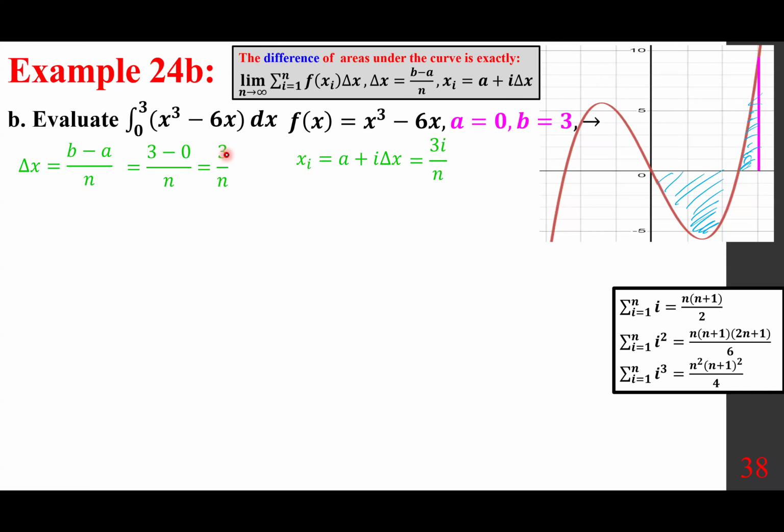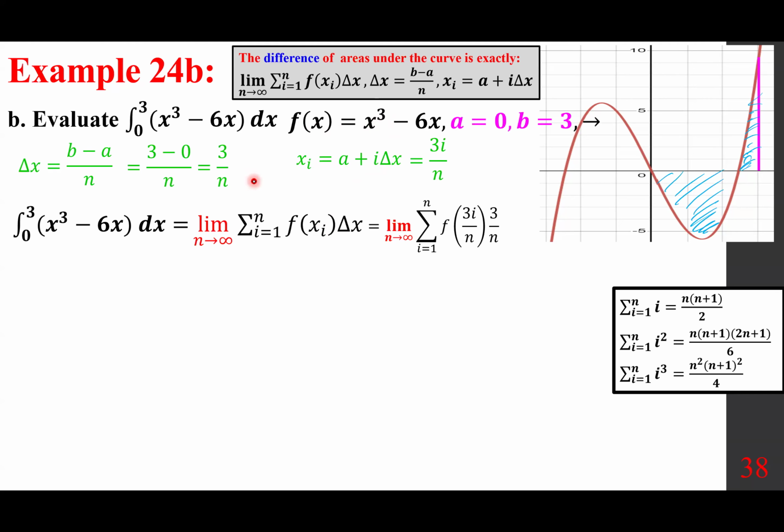So this integral is precisely equal to this limit, and therefore we are going to write this limit in the following manner. The limit as n approaches infinity of the summation of i going from 1 to n, f of x sub i. Well, here's f of x. If I want to replace the x with x sub i, that means this one is 3i over n, okay? And delta x is 3 over n.